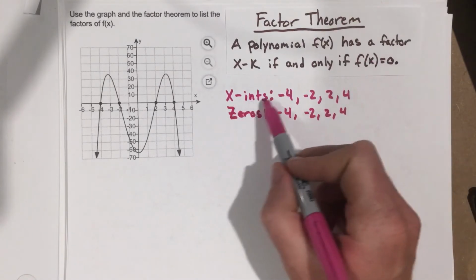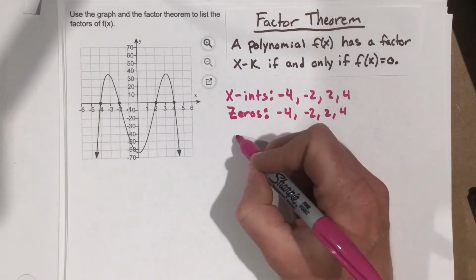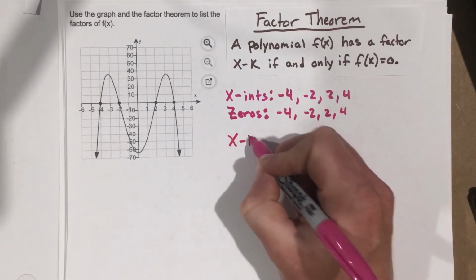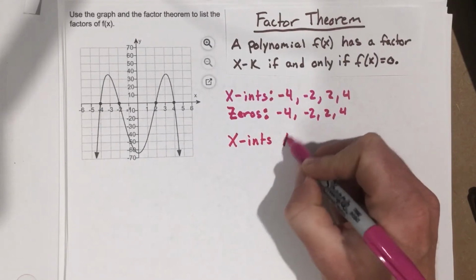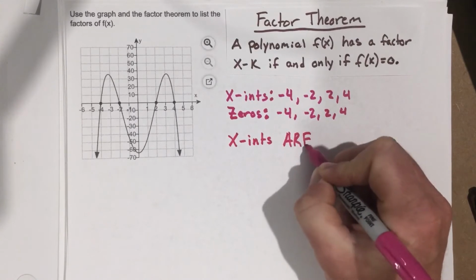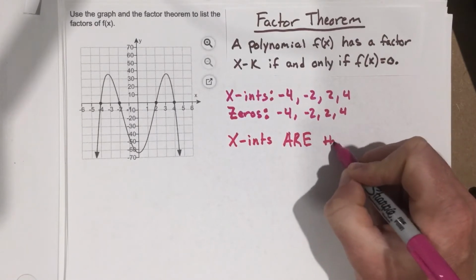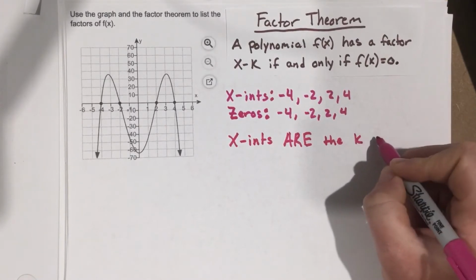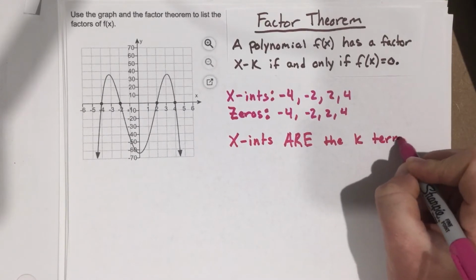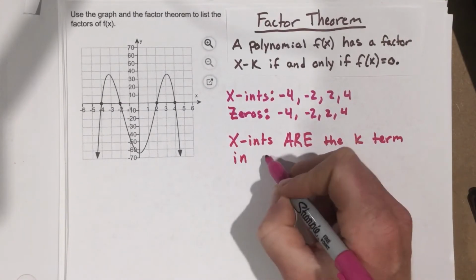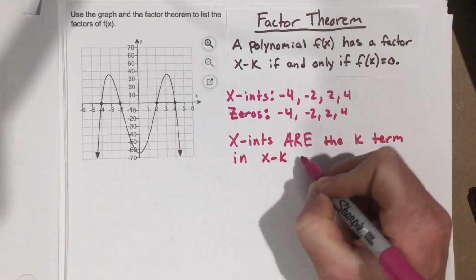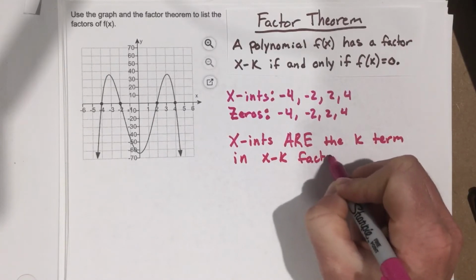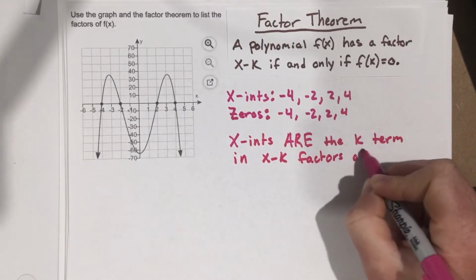Well, that means the x-intercepts are the factors. So this is a big key here: x-ints are the k term in x minus k factors of the polynomial.